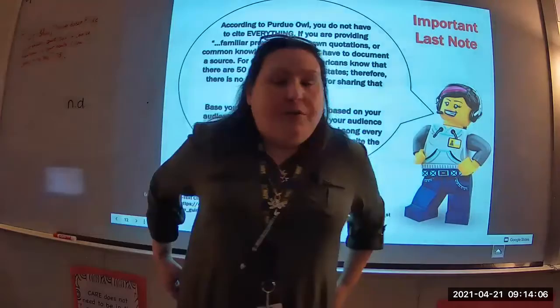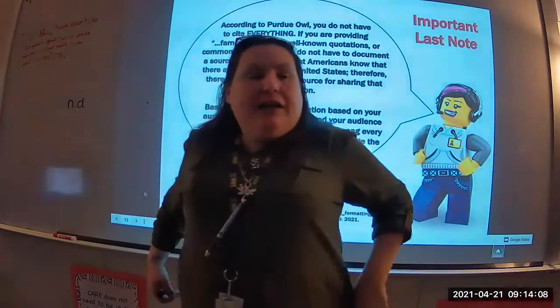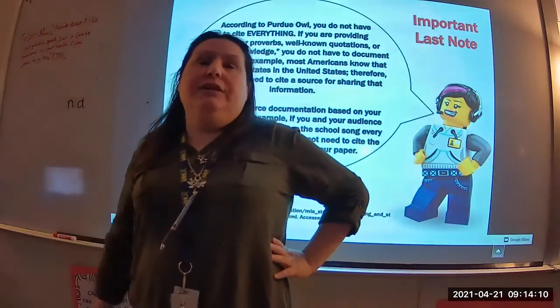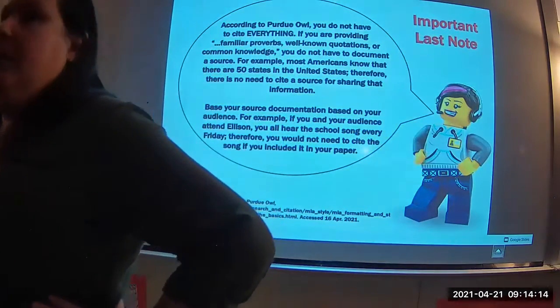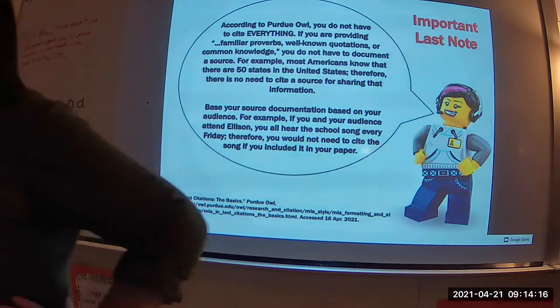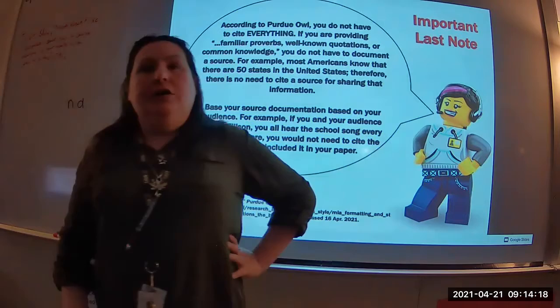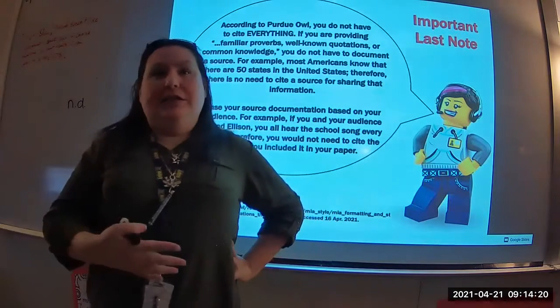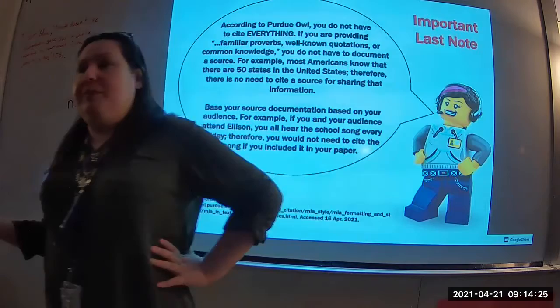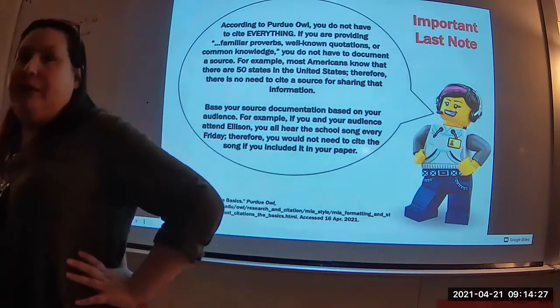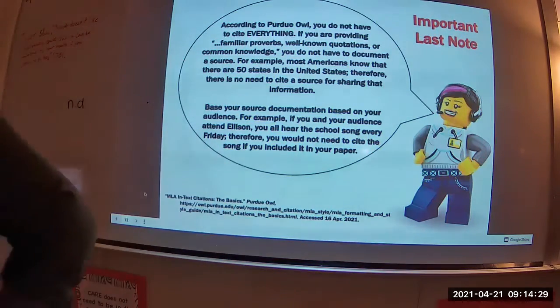For example, if I am doing a science paper and I'm talking about how H2O is the formula for water, would I need to cite that if my audience is science people? No. But if it's being given to an English major, then I'm going to need to cite that, because they may not know.